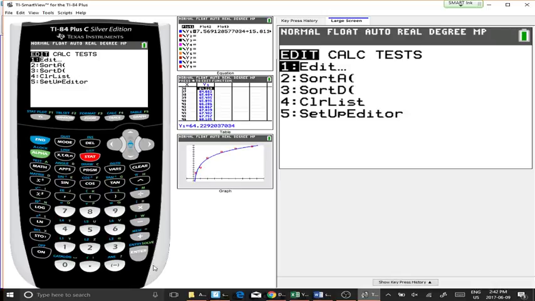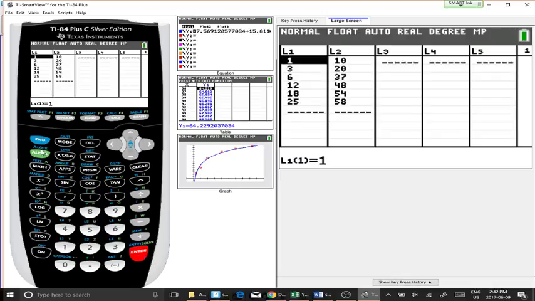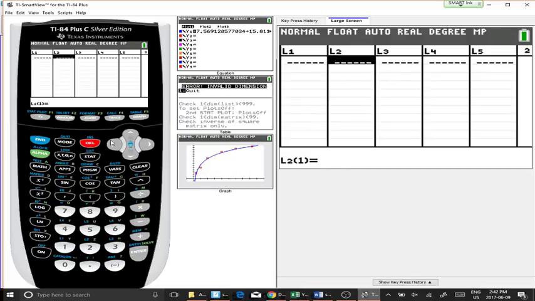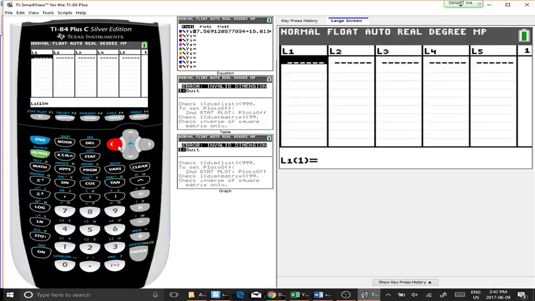We're going to go stat, edit, clear your lists if necessary. You can go to the clear your lists command through the memory tool if you wish.